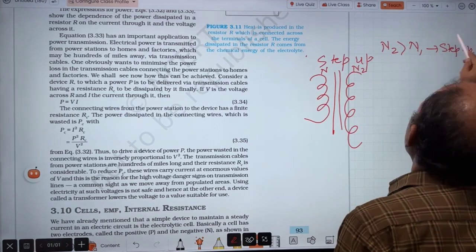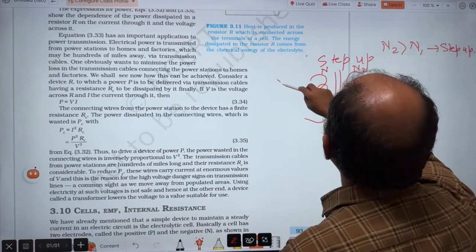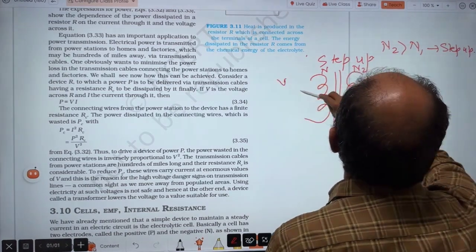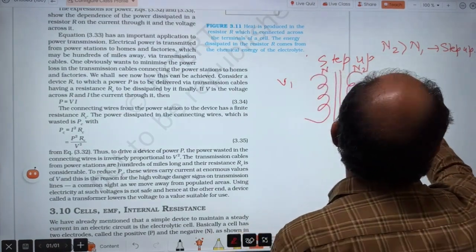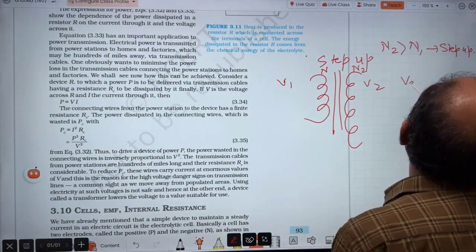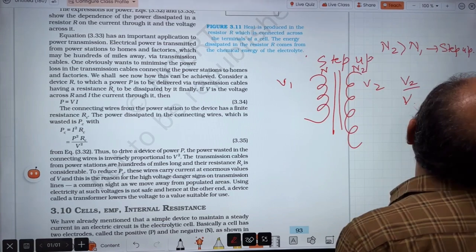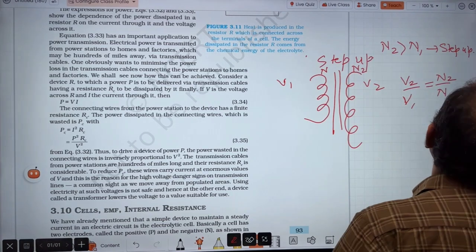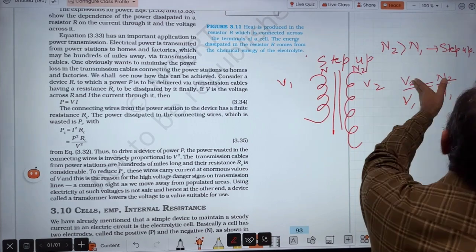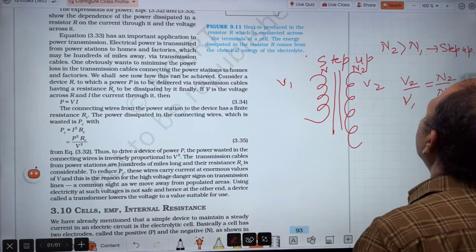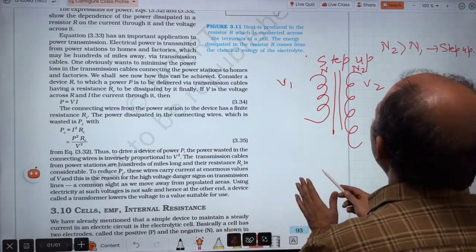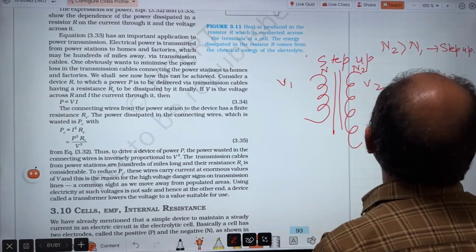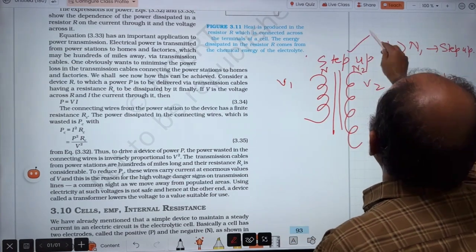The input voltage is, suppose, V1 and the output is V2. So V2 upon V1 will be equal to N2 upon N1. And if N2 is larger than N1, definitely V2 will also be larger than V1. So this is how voltage can be raised to a certain value. This is called a step up.